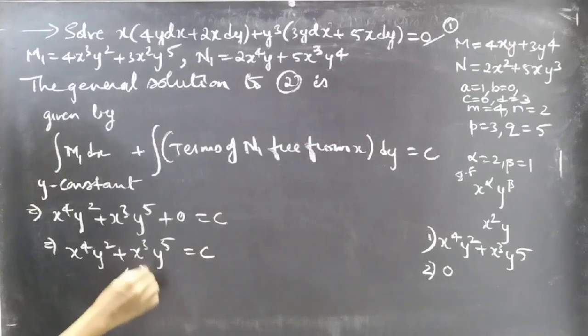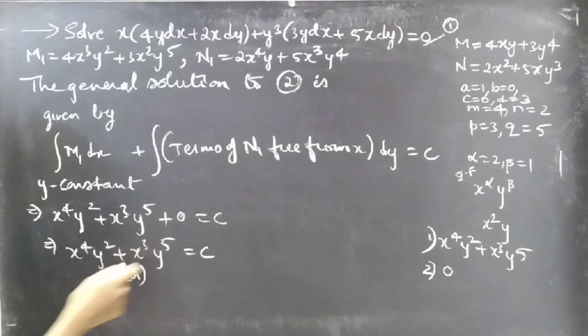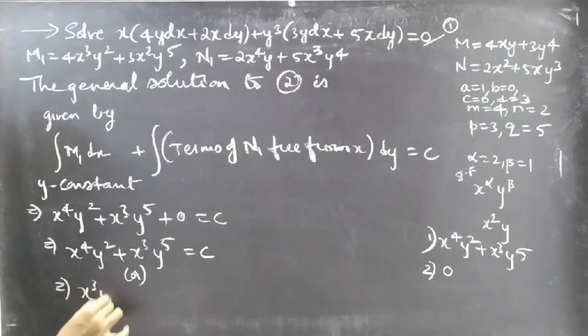Or take x³ common from these two terms and y² common from these two terms, right? Or x³y² common simply.